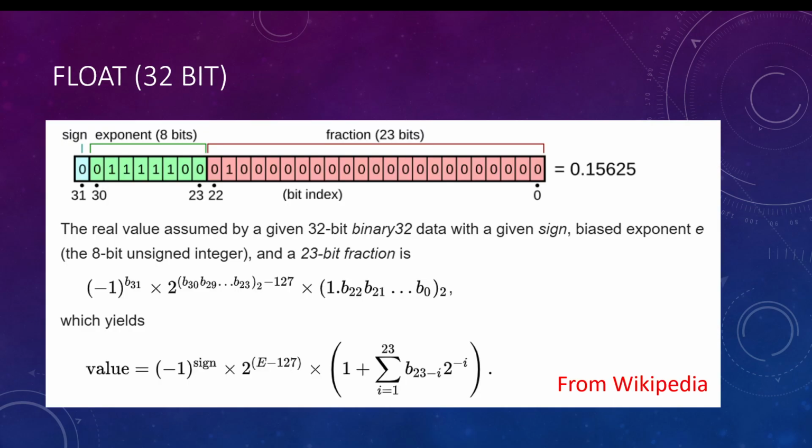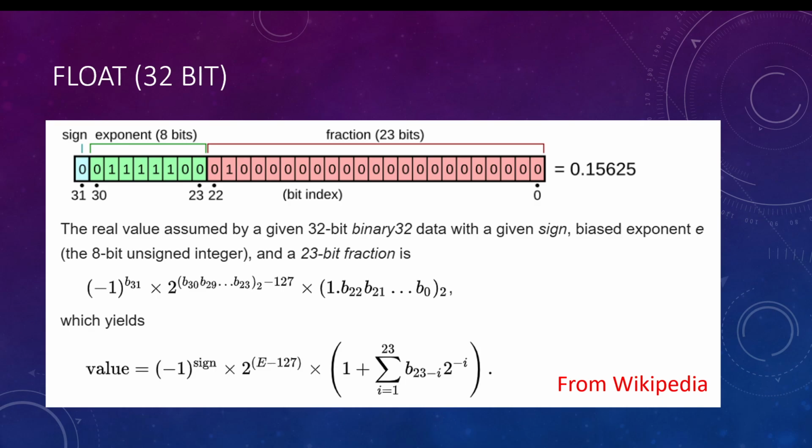So what do you do about decimals then? Well, for decimals, you have 3 parts. If you have a 32-bit floating point decimal value, then the leading bit again is for the sign. 0 means it's positive, 1 means it's negative. And then 8 bits are used for the exponent.